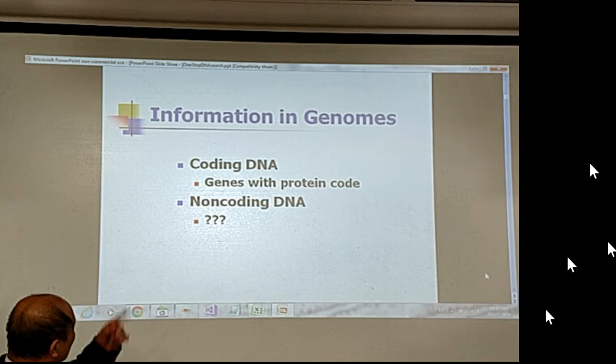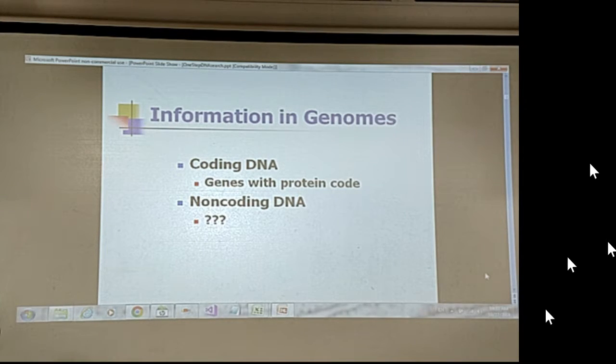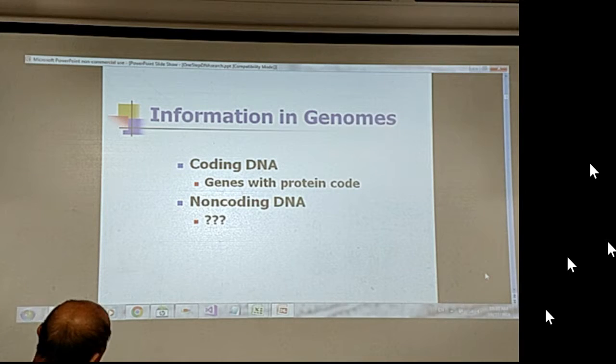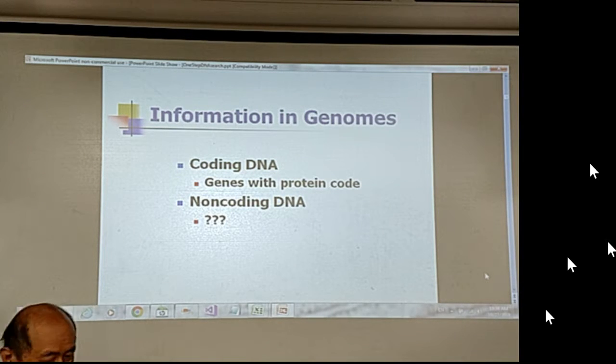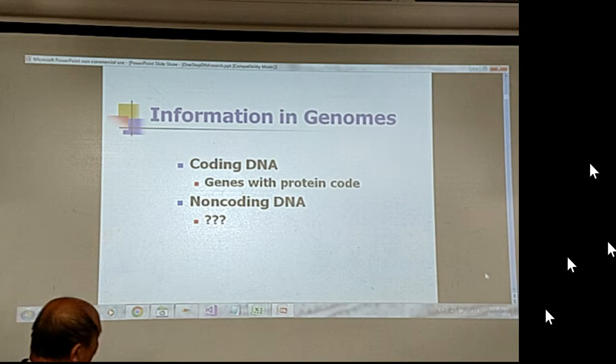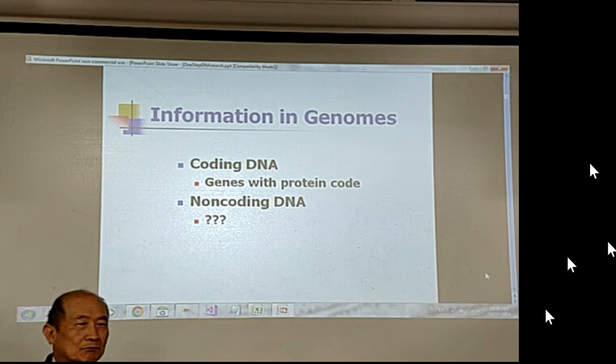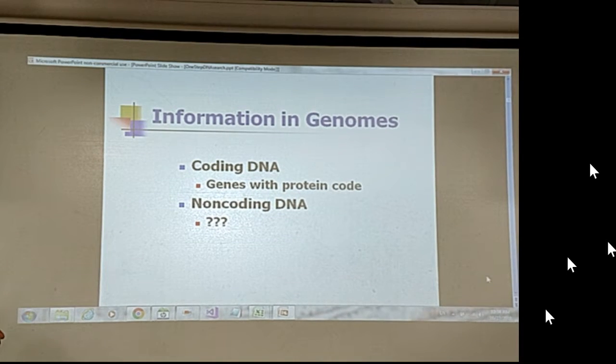This part everybody understands. When you get a genome and people start to analyze it, the first thing they want to find out is what kind of information in the genome codes for protein.